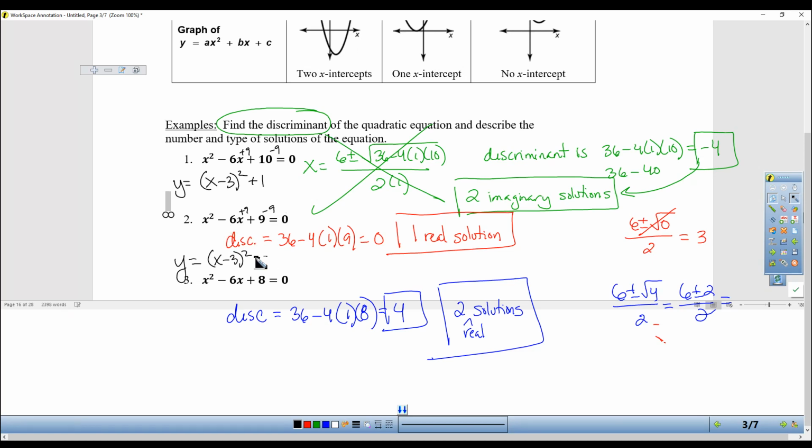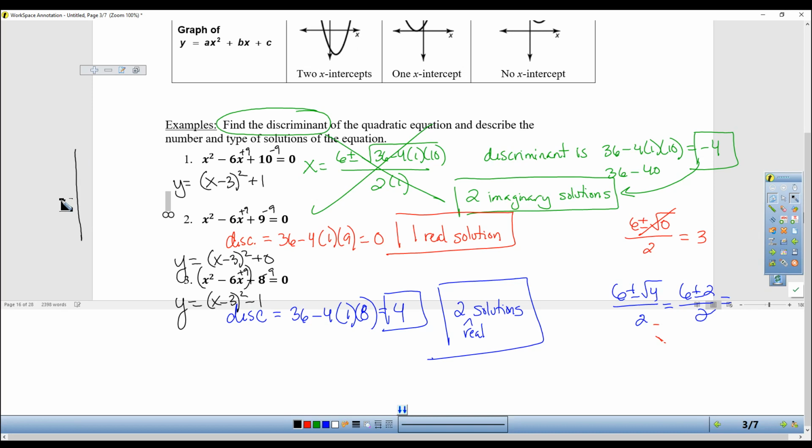In other words, this one was already ready to go. y is equal to x minus 3 squared. To make that square complete, I would need a 9, which I don't have. But to counterbalance that, that part goes there, and this becomes negative 1.